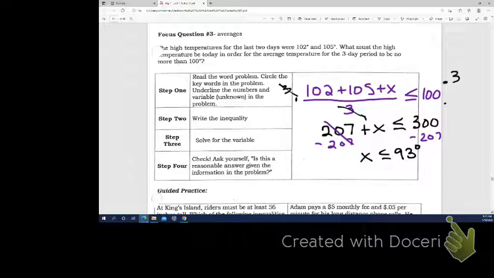It could be 50. I mean, it would be unlikely that the high temperature would be 50 after being 102 and 105, but that would still make the average no more than 100. So there's a whole range of numbers because it doesn't say the average has to be equal to 100. It says no more than 100.